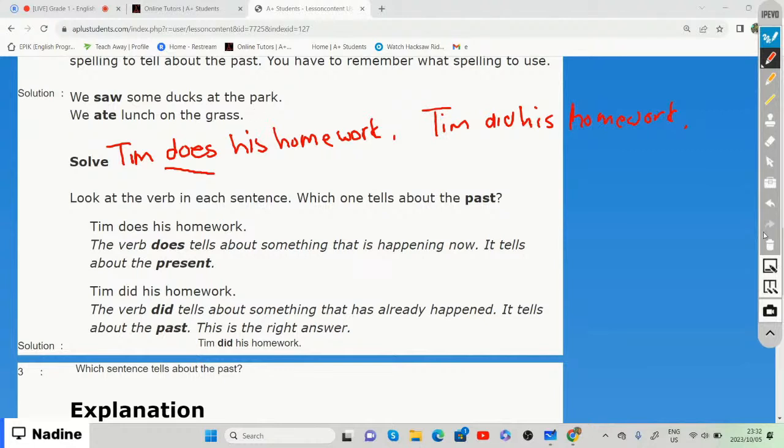But if he did something already, then we can say did. "Tim did his homework." And did is basically in the past. That shows the past. So does and did.